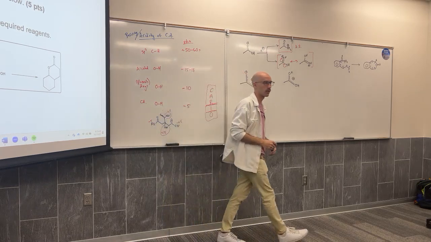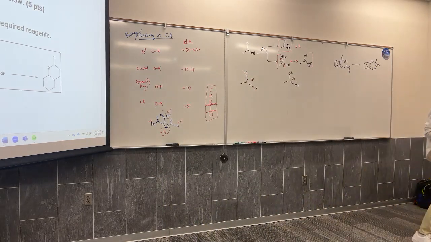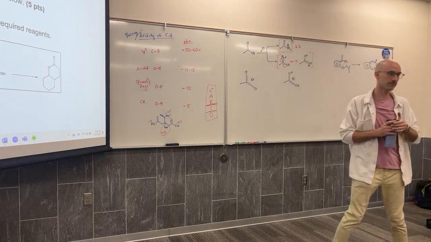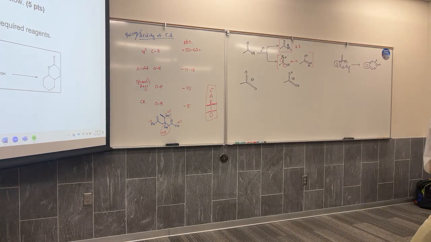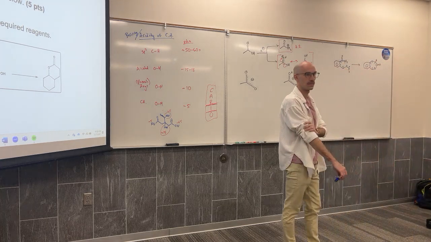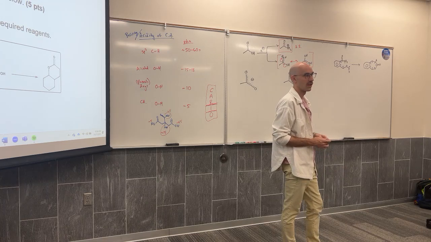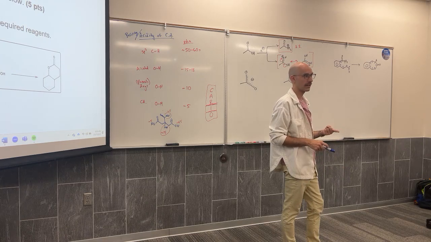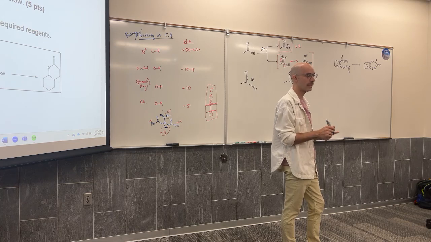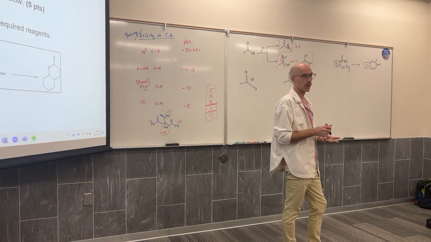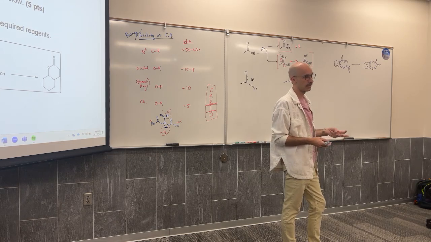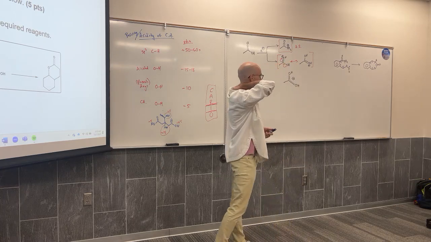How many different ways can we form an amide? We could start with the carboxylic acid and use an amine and DCC. We could start with an acid chloride and use 2 equivalents of amine, or we could start with an anhydride and use 2 equivalents of an amine.